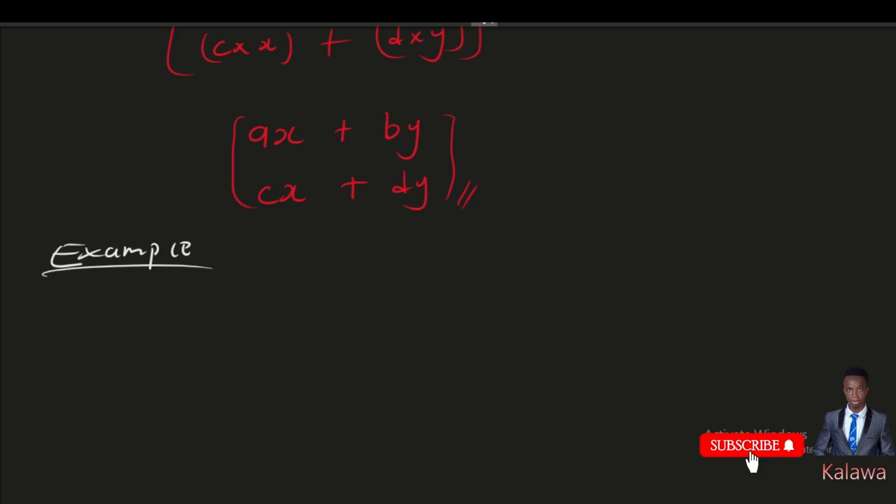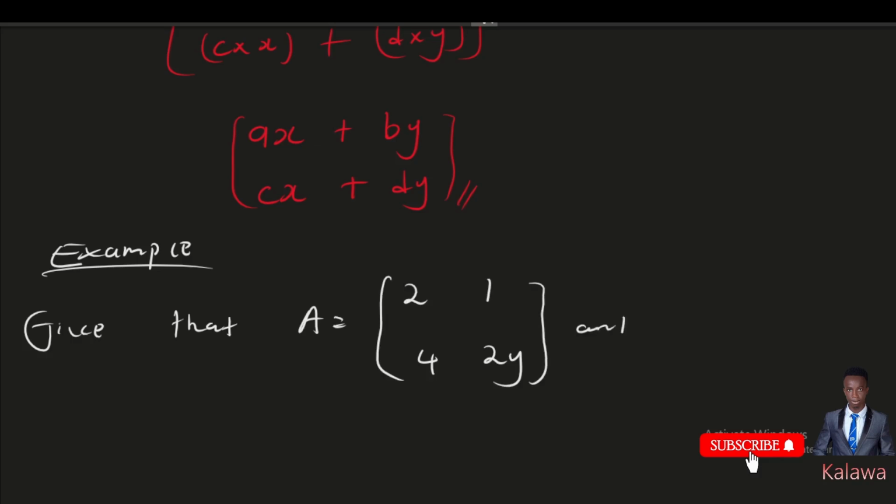Let's say we are given matrix A to be (2, 1, 4, 2y), and vector y to be (3, 1).